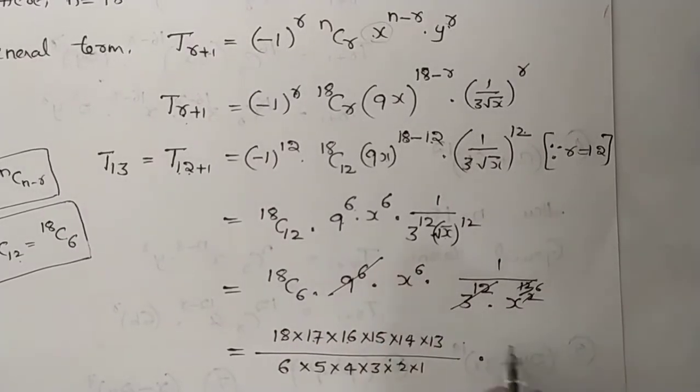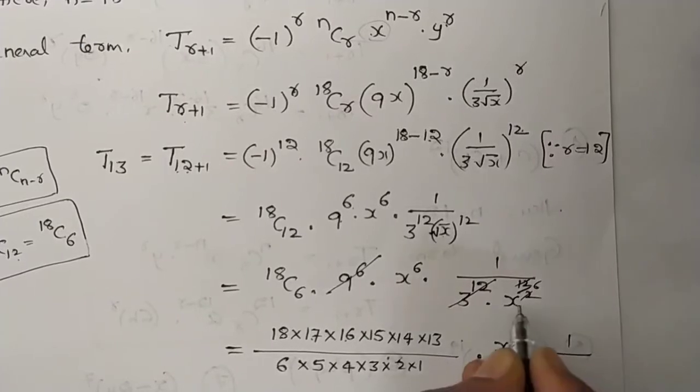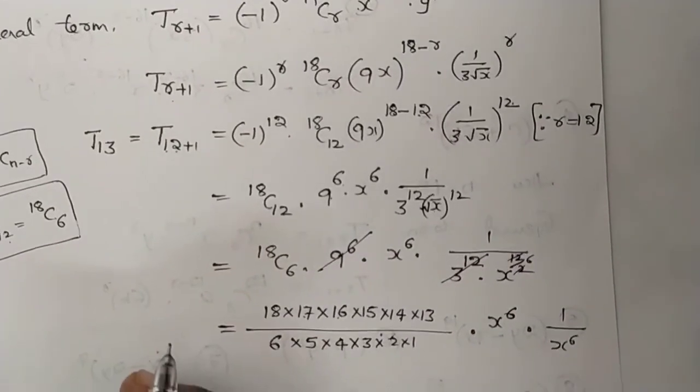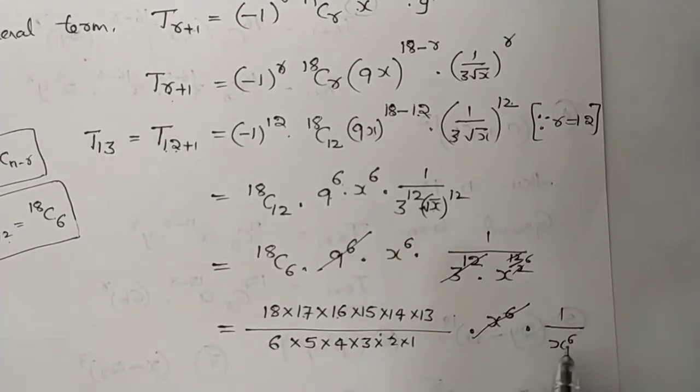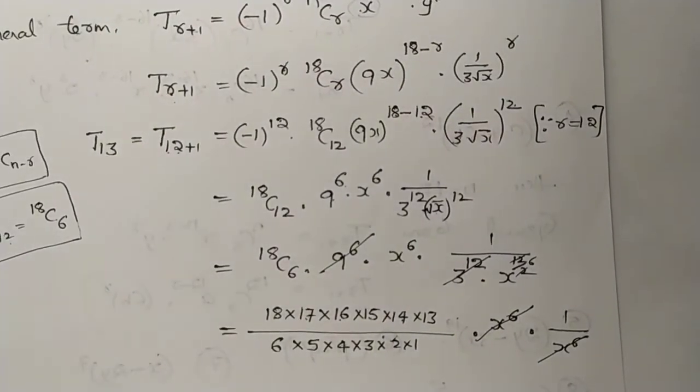Then x power 6 into x power 6 cancels, again x power 6 will get cancelled.